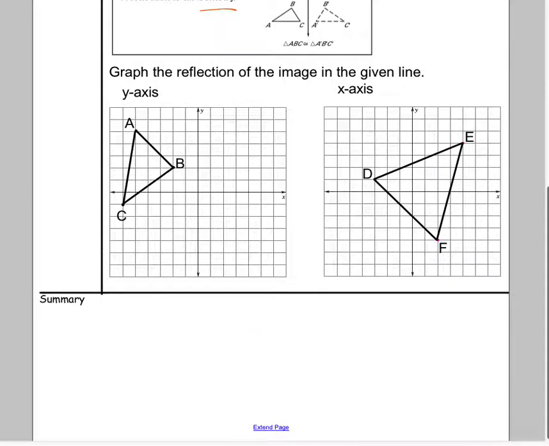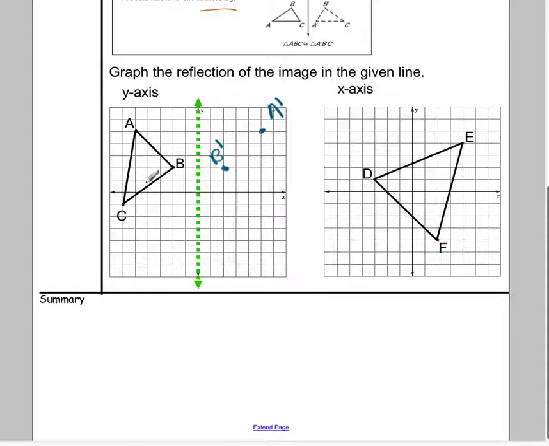Here we're reflecting in the y-axis. I'm going to highlight the y-axis. And then reflecting, we count the distance. B is 2 to the left. The new one will be 2 to the right. And then that has a little prime on it. A is 1, 2, 3, 4, 5 away, so 1, 2, 3, 4, 5 on the other side.